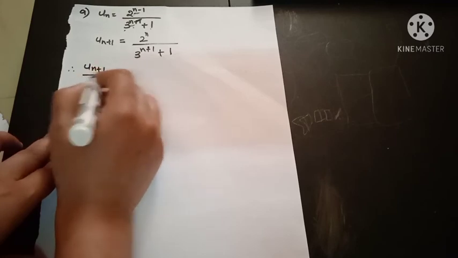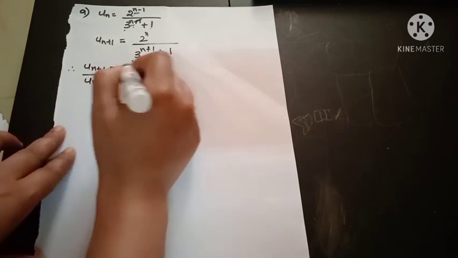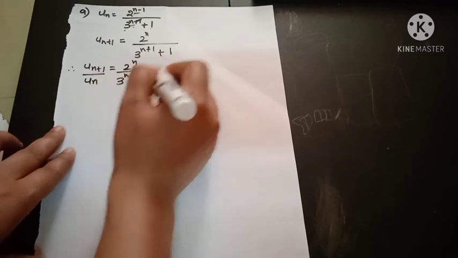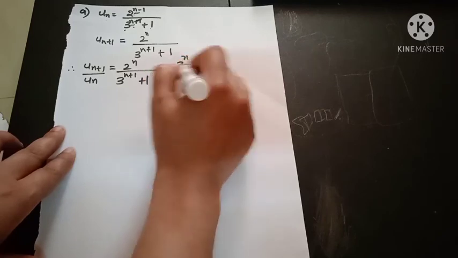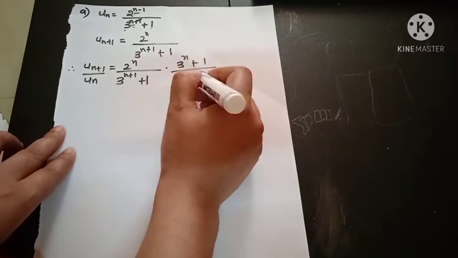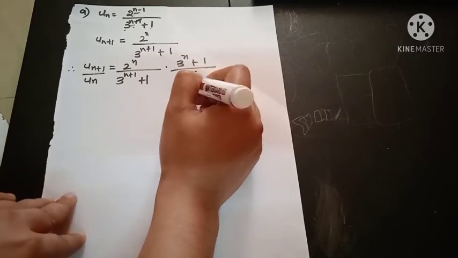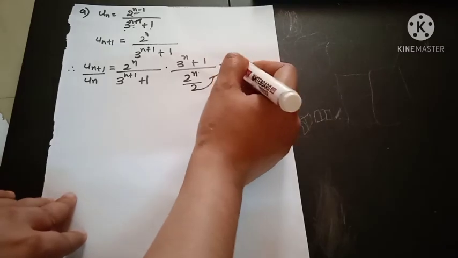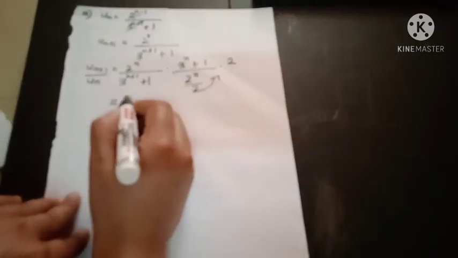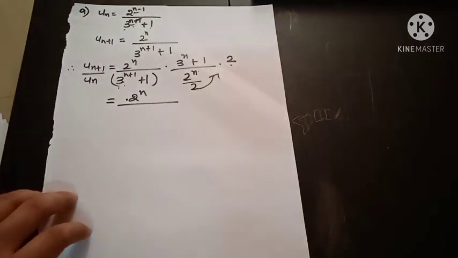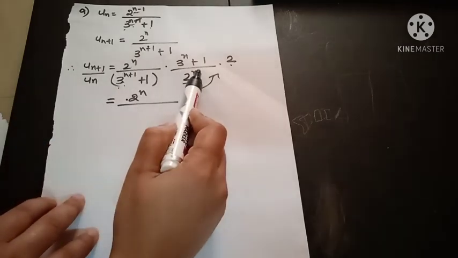Therefore, the ratio un plus 1 upon un will be 2 to the power of n upon 3 to the power of n plus 1 plus 1, into 3 to the power of n plus 1 upon 2 to the power of n minus 1.